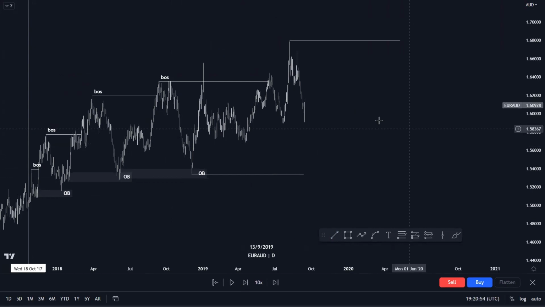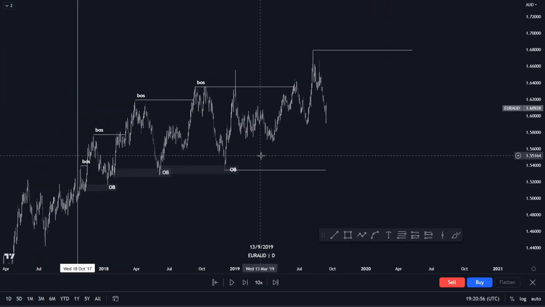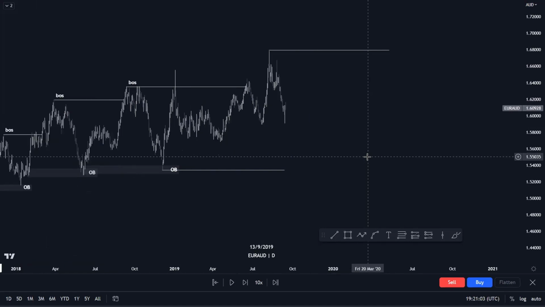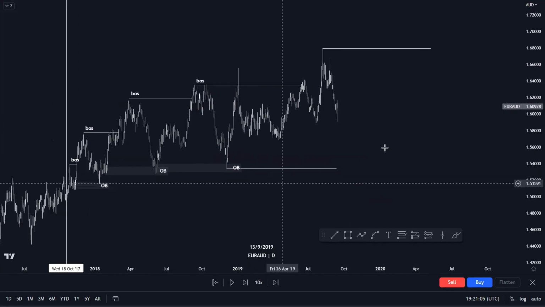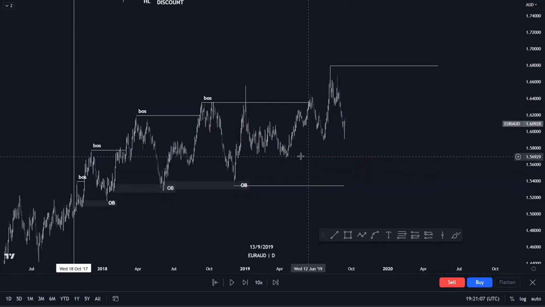So do you guys have any questions on the theory of order blocks? Any questions?